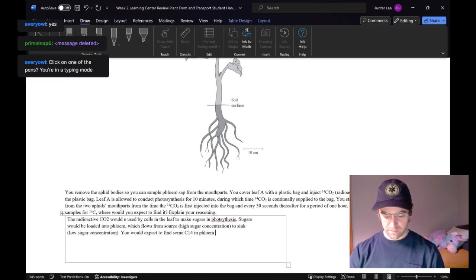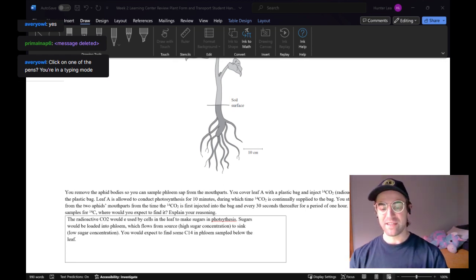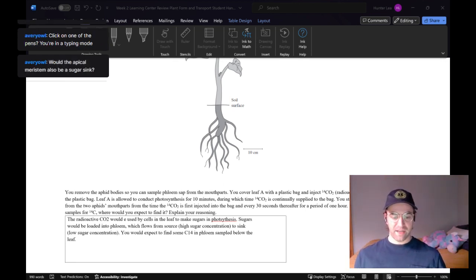And so this happens because the sugars produced by the leaves are needed to feed the non-photosynthetic parts of the plant, such as the roots. Would the apical meristem also be a sugar sink? Yes, you would also see some carbon-14 in the samples from the aphid mouthparts above the leaf. Yes, you are absolutely correct. The growing bud at the apical meristem is also a sink requiring sugars from photosynthetic parts of the plant.